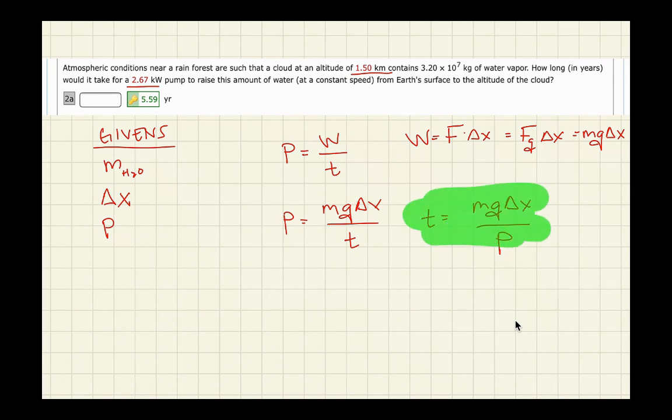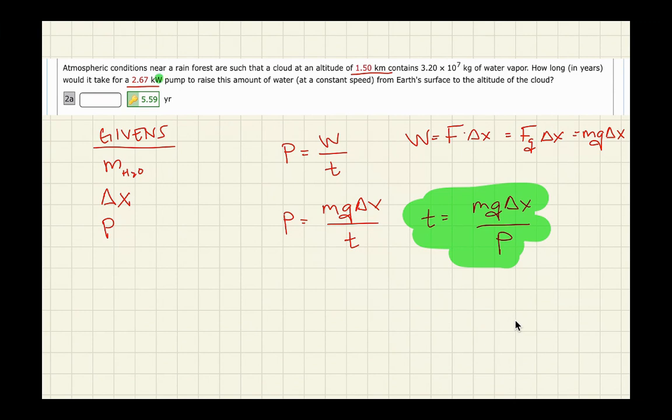In this case, you'd also want to convert that time given in years, right? You convert that time into seconds, and then you're going to need to convert it back into years at the end because this power is given in kilowatts.